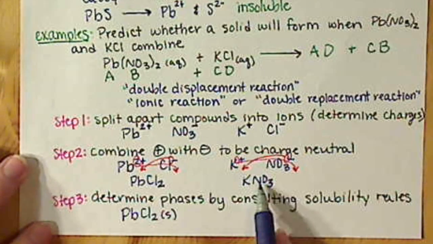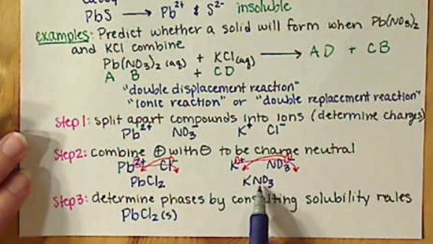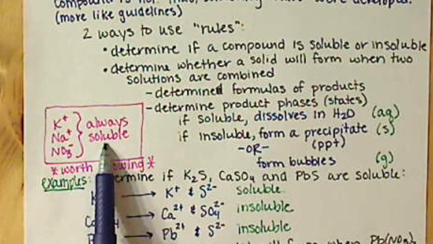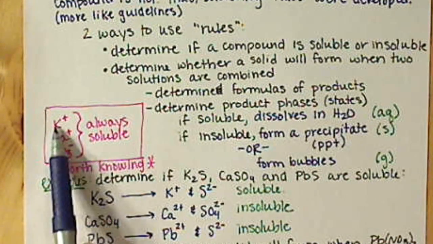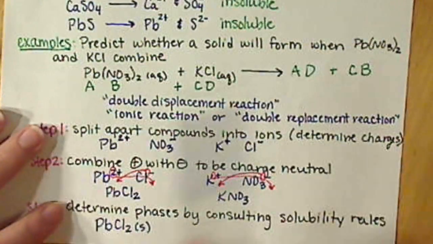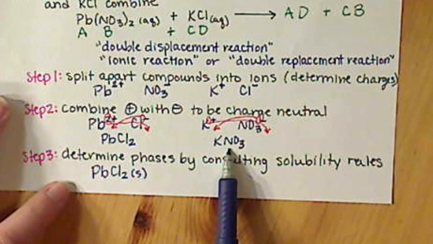Last one here, potassium nitrate. Has potassium ion in it and nitrate ion in it. So if we look back up to the ones that I said are worth knowing, potassium's there, nitrate's there, always soluble, which means that KNO3 must be soluble.